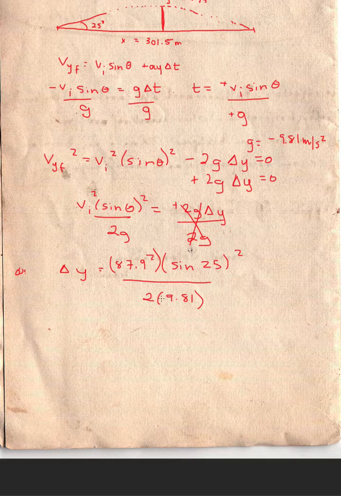And that's negative 9.81. So all that's going to do to our answer is give us a negative number, which tells us that it's in the down direction. Okay, so when you calculate all this out, you should get 70.3 meters. And that is the height of the golf ball.